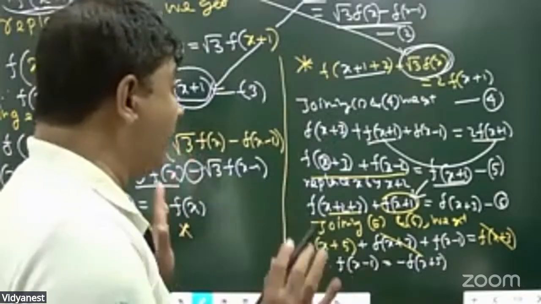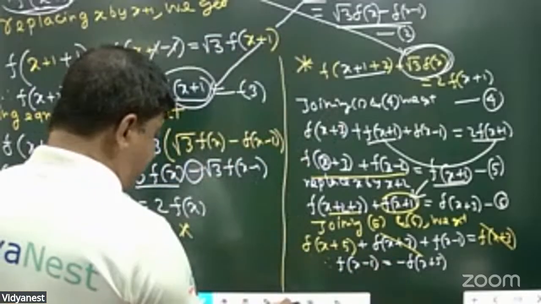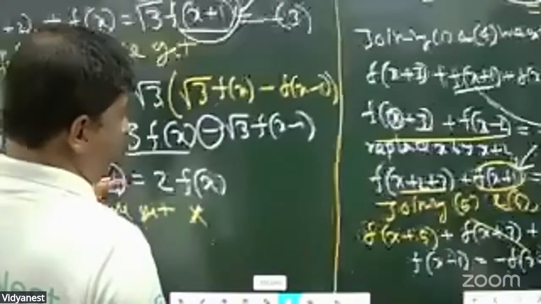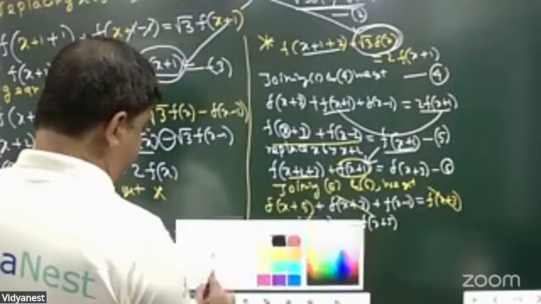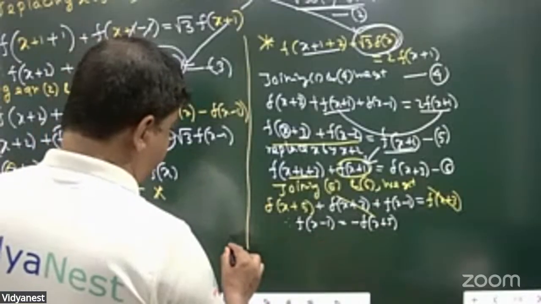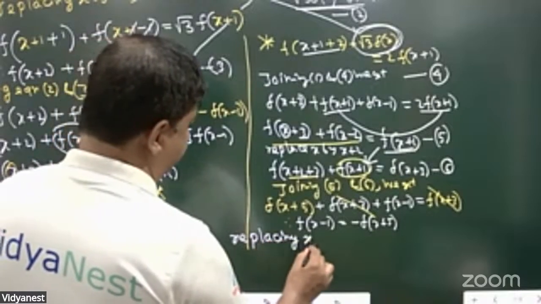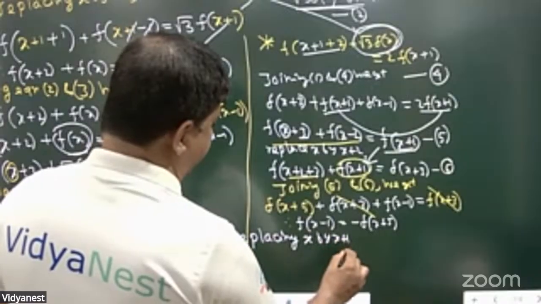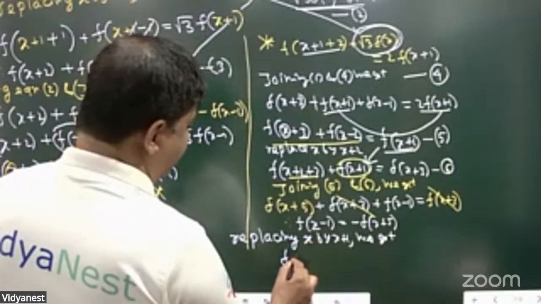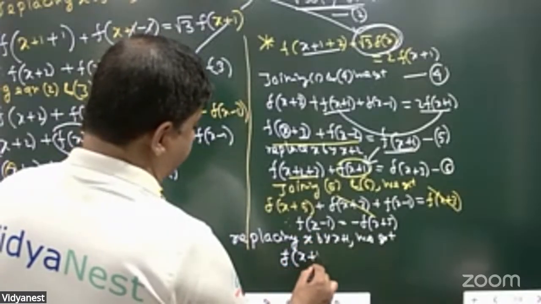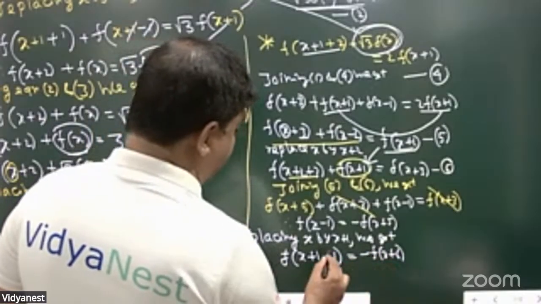So now we have the knowledge that if I replace again by x plus 1, then we get, in place of x, that will be x plus 6, plus minus.